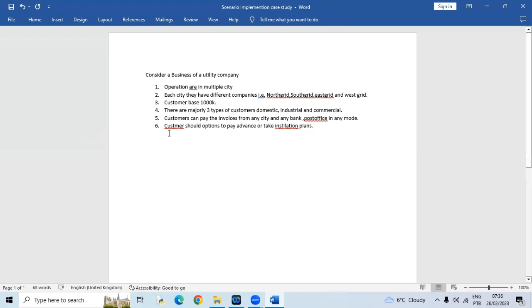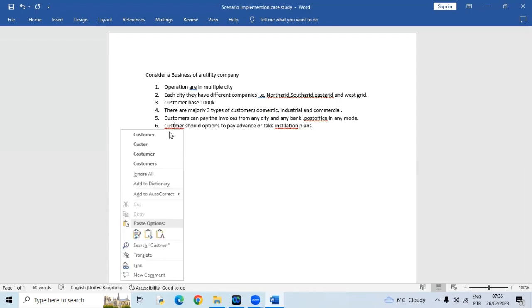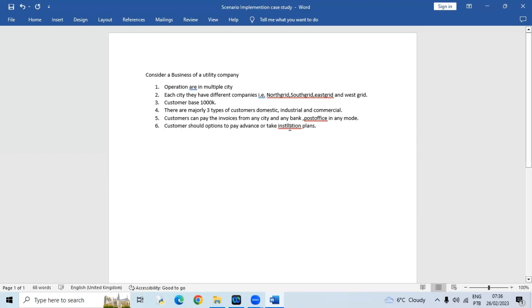So that means the customer has the option of advance payment, and an installment plan should be there. Okay. The payment needs to be cleared on the due date, else the customer needs to get a notice.